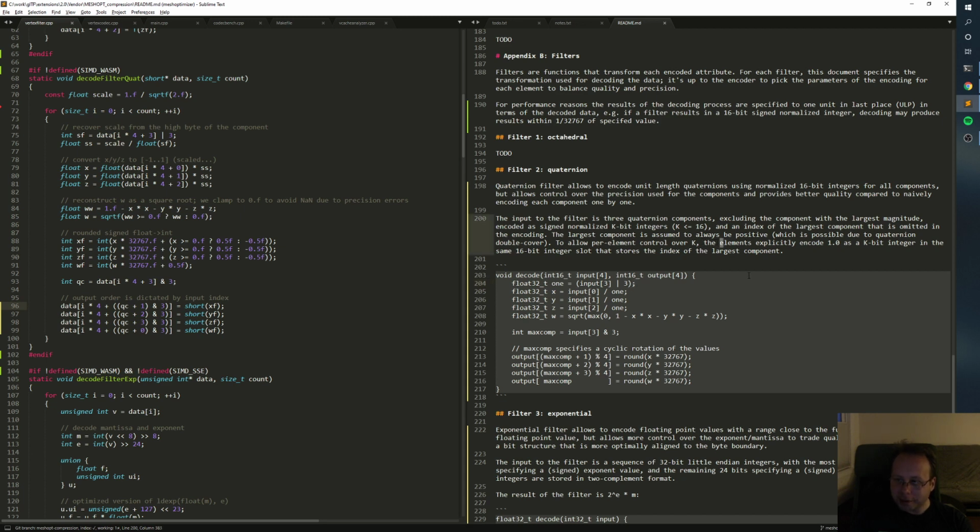Wait. The last input element explicitly encodes 1.0 as a k-bit integer in the same, well, except for the least significant 2 bits that store the index of the maximum component.